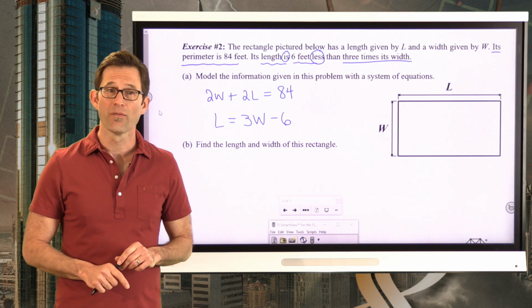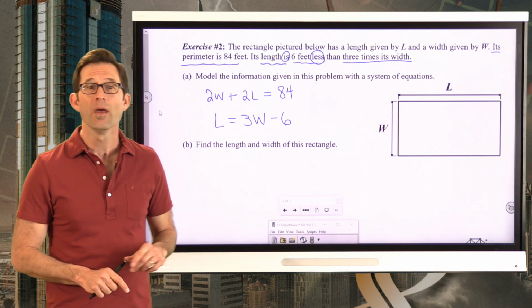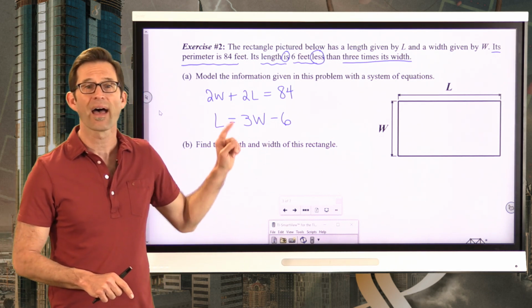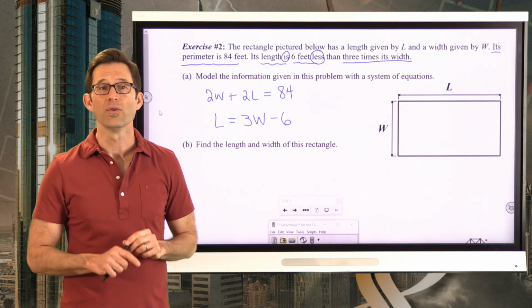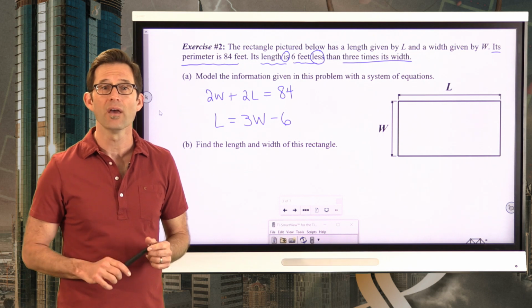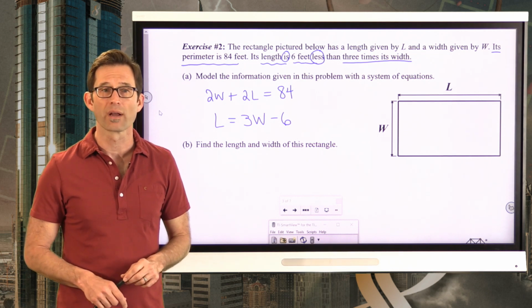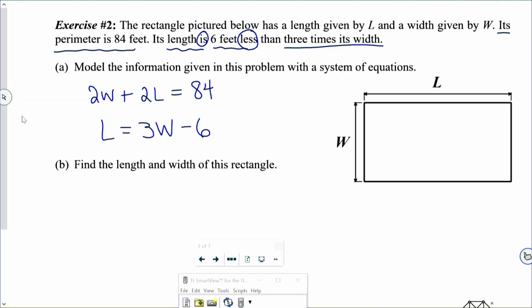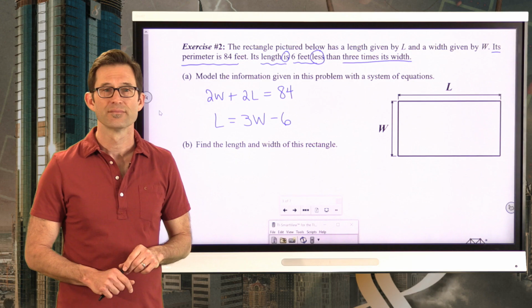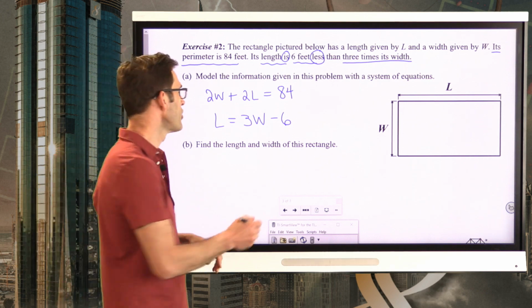And we're going to solve it by substitution again, right? Because our second equation has the length isolated all by itself. So I'd like you to now pause the video and in letter B, find the length and the width of this rectangle by solving this system. All right, we want to be real careful.